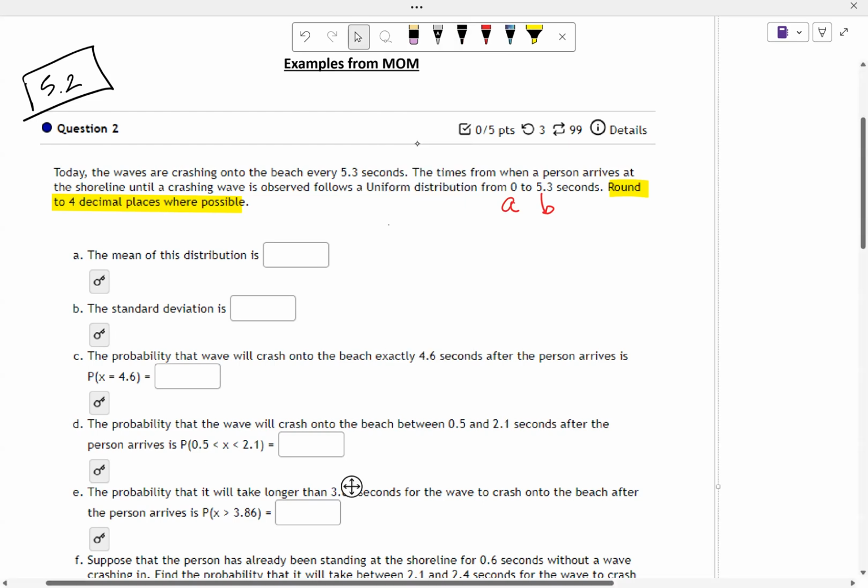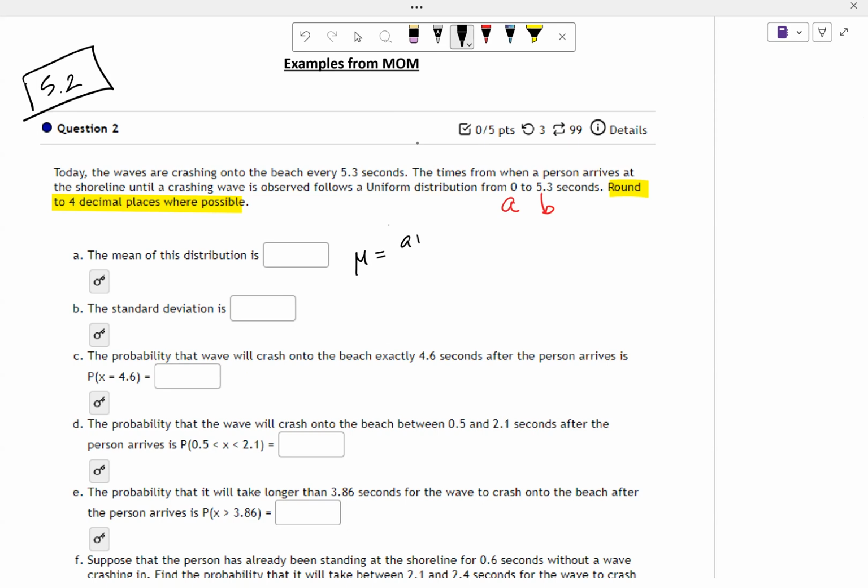The mean of this distribution is, and in your book, we see that the mean, that letter mu, is equal to A plus B over 2. Now that we figured out our A and our B, we're just going to plug those numbers right in: 0 plus 5.3 divided by 2.